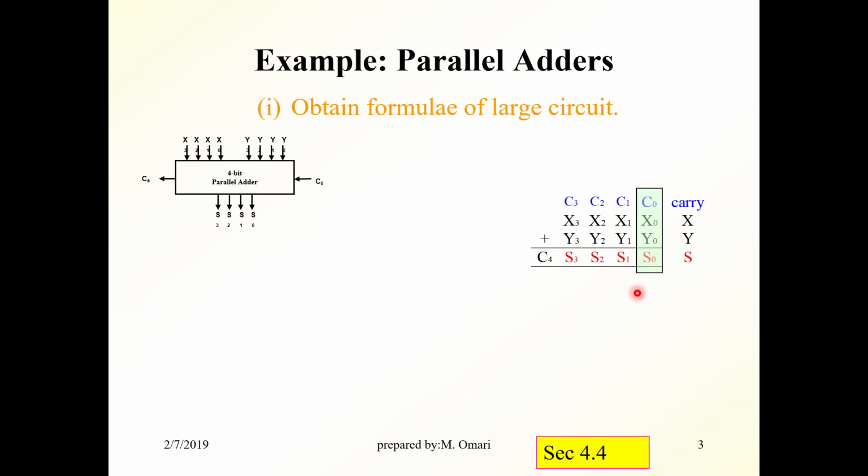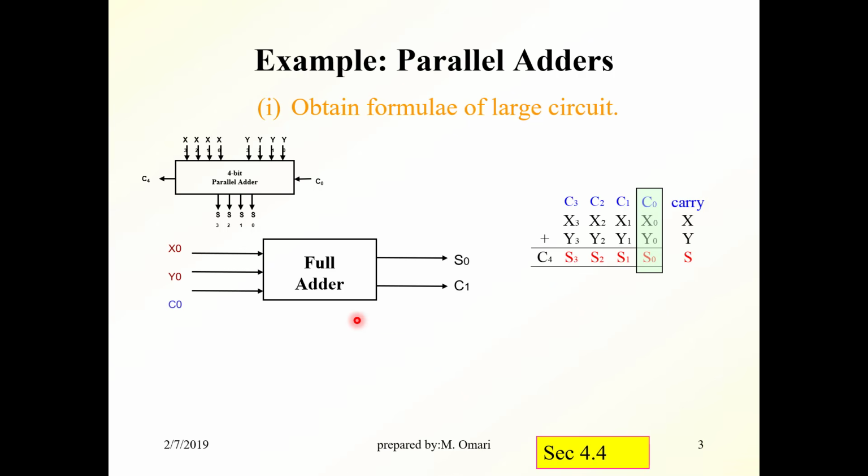And the carry here will go to the next stage. Now, to do this addition of the 3 bits, we can use a full adder. On this full adder, we put X0, Y0, and Cn. The result here is S0 and C1.